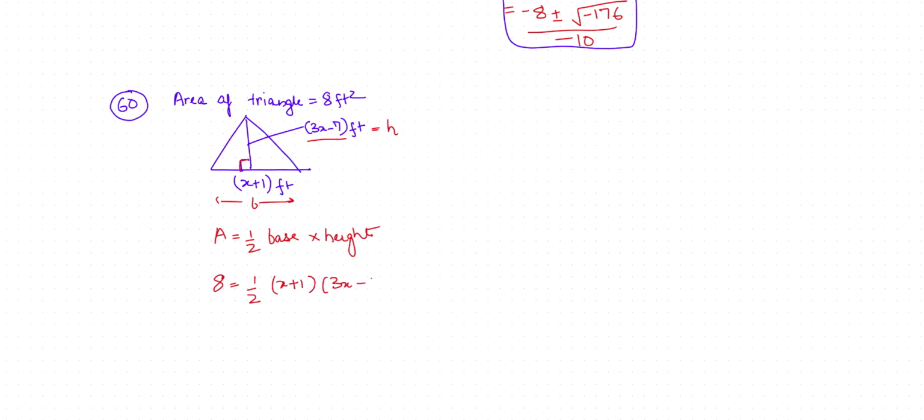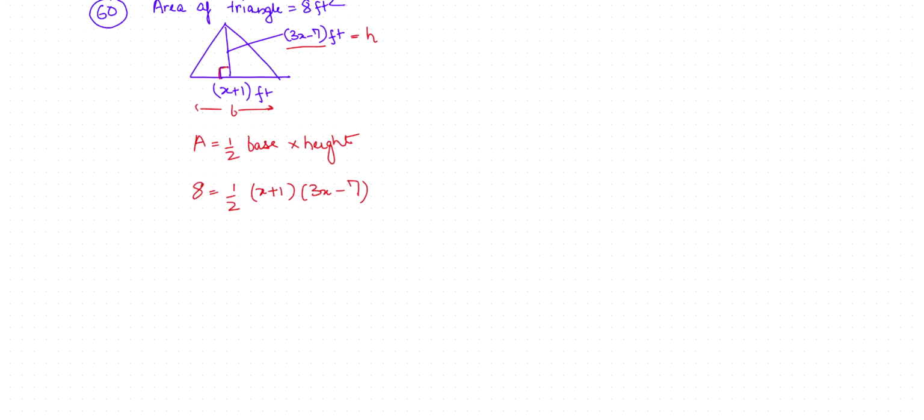So we'll put 8 is equal to half times x plus 1 times the height 3x minus 7. Now let's simplify this. This gives 16 is equal to, now we will use the FOIL method, x times 3x minus 7 plus 1 times 3x minus 7. So this gives 16 is equal to 3x square minus 7x plus 3x minus 7.